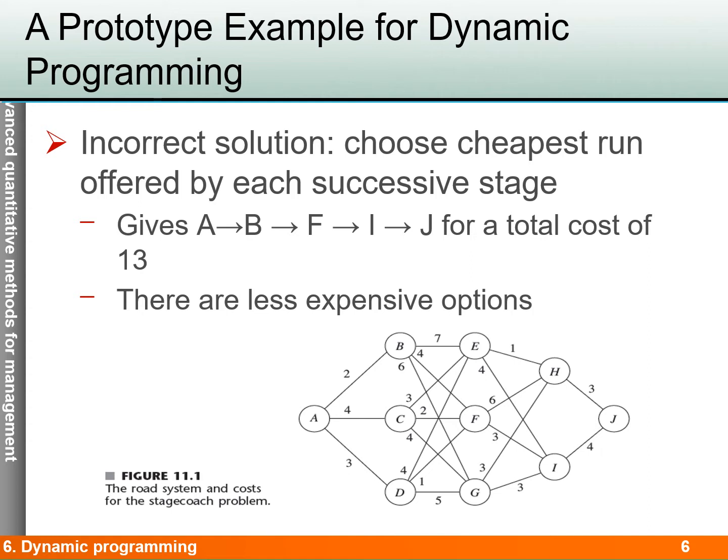So one solution that is not related to dynamic programming is selecting from left to right the cheapest option. For example, among 2, 3, and 4, which one is the cheapest? 2. So we move toward B. From 7, 4, and 6, which one is the cheapest? 4. So we move toward F. From between 6 and 3, which one is cheaper? 3.